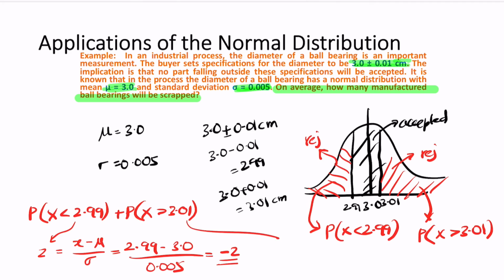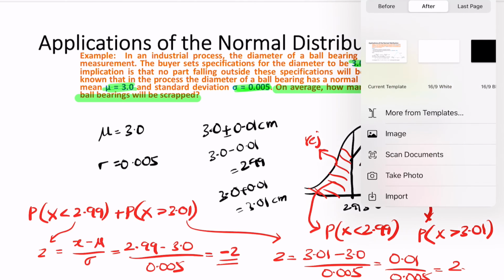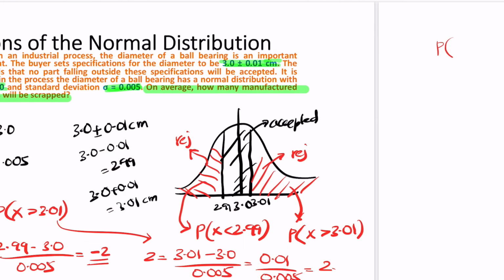Now for the second value, 3.01, you get 3.01 minus 3.0 by 0.005. So that is 0.01 by 0.005. That becomes 2. So when you write it down as the probabilities, the probability of X less than 2.99 becomes z less than -2 plus the probability of z greater than 2.